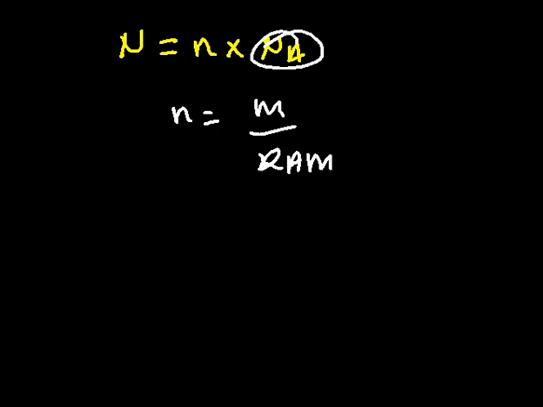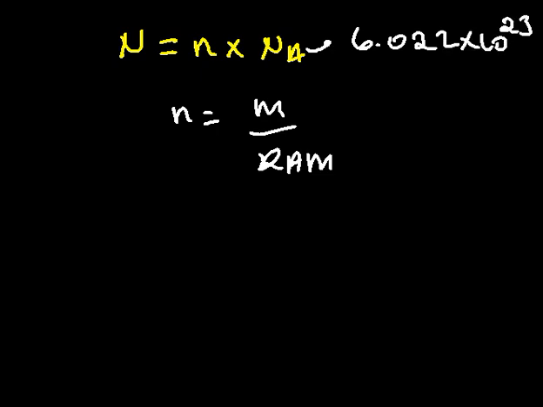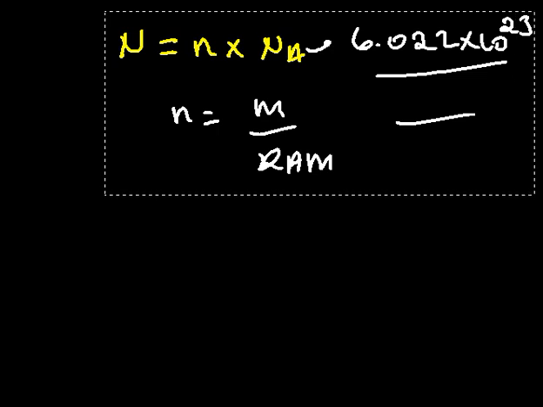And this is the Avogadro's number, which is 6.022 times 10 to the power 23, and it can be particles, ions, atoms, or molecules, depending on the nature of the question.